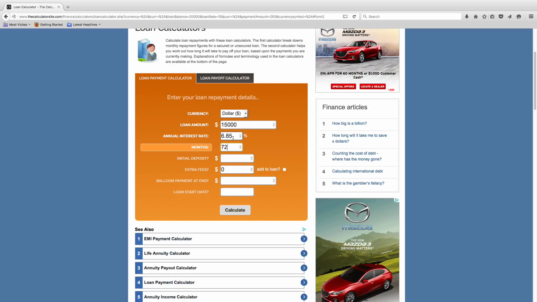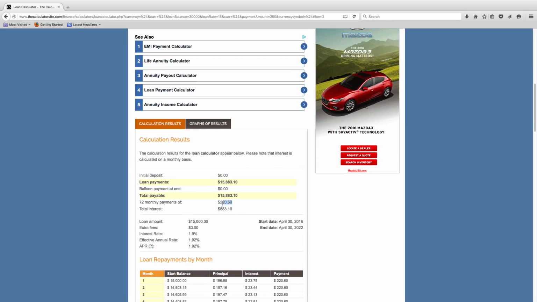Well, I also want to just reiterate how important interest rate is and your credit score is, because let's say he does what I say is irresponsible and finances for 72 months, but he's got a really, really good credit score, okay? His monthly payment is $220 and his total interest is $883.